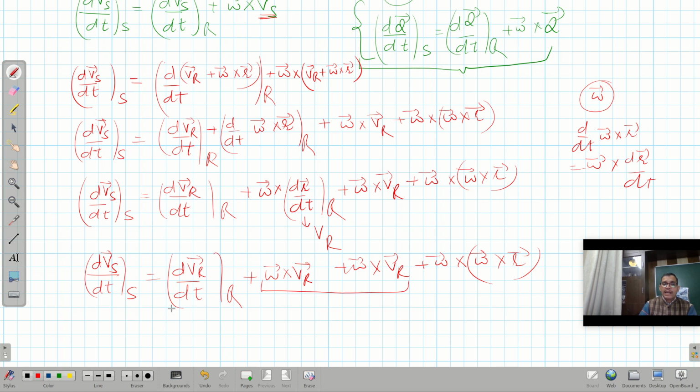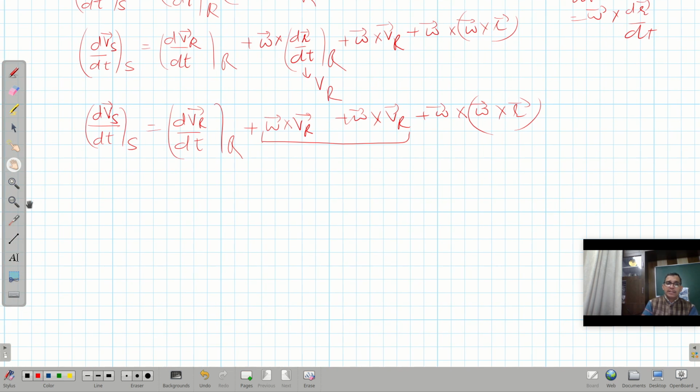The two terms are alike, so they can be put together. This is the change in velocity in the S frame, so it is known as acceleration in the S frame, and it is equal to acceleration in the R frame plus 2 omega cross vr, plus omega cross omega cross r.